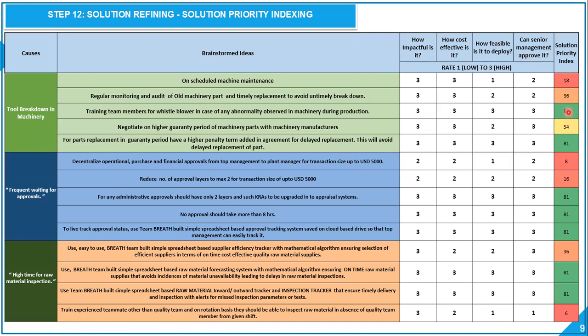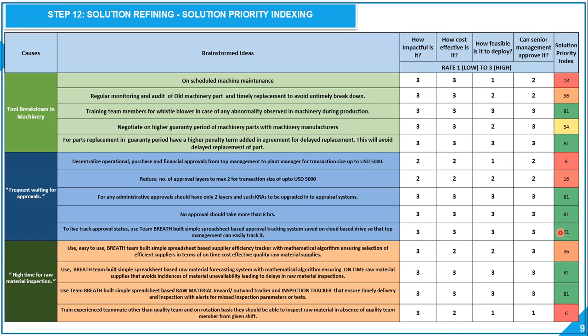So these solutions in green you can see are highly impactable, highly cost effective, highly feasible, and you might get, or you will certainly get, an approval from the senior management to implement these particular solutions. So on this particular note, we'll just proceed to the next slide.